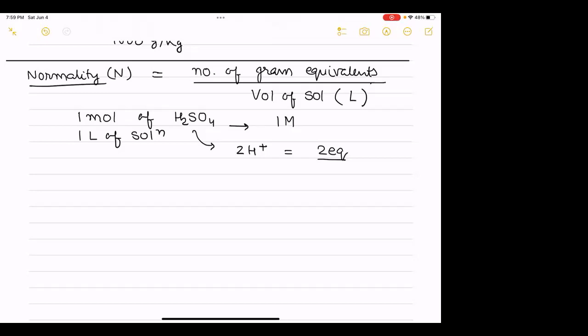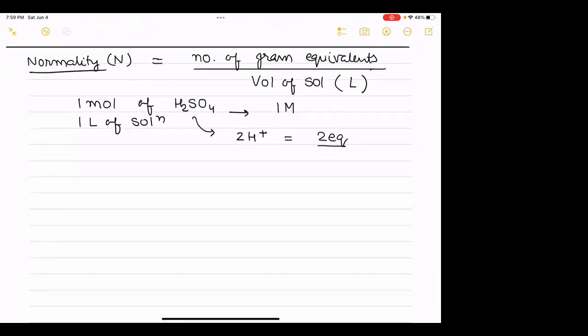So this equivalent can be found out in many ways. For acids, it can be found out by counting the number of H plus ions which one molecule of acid can release.